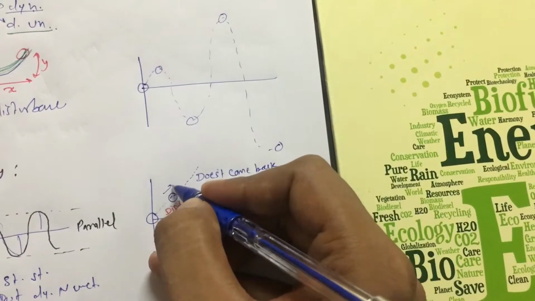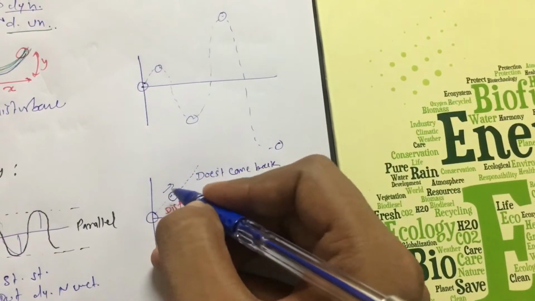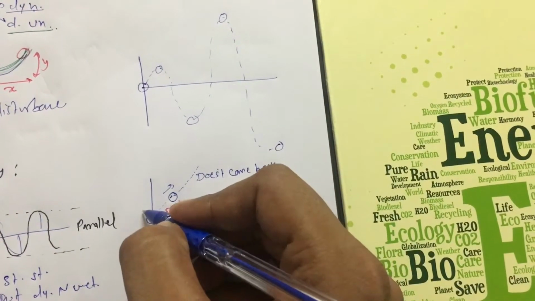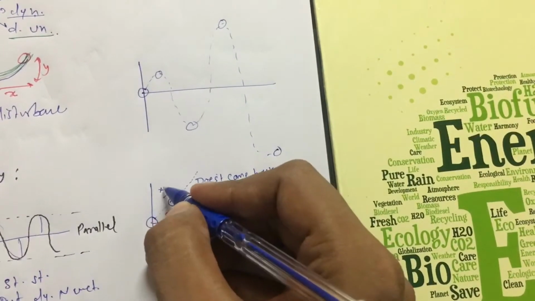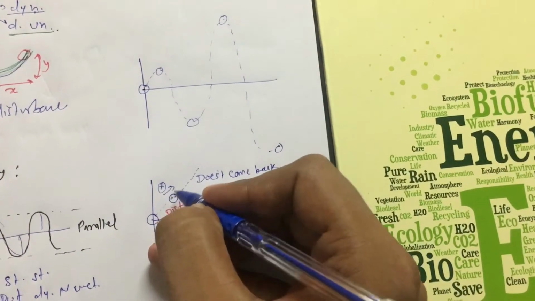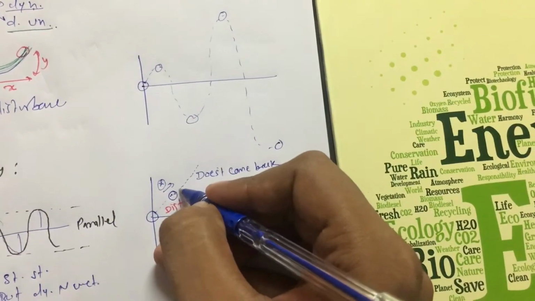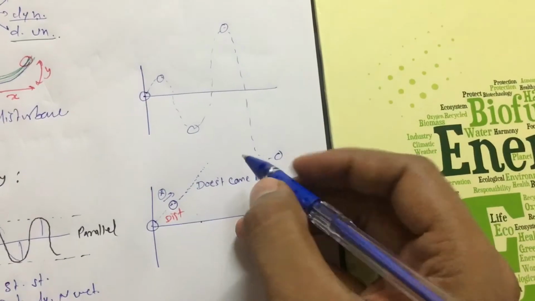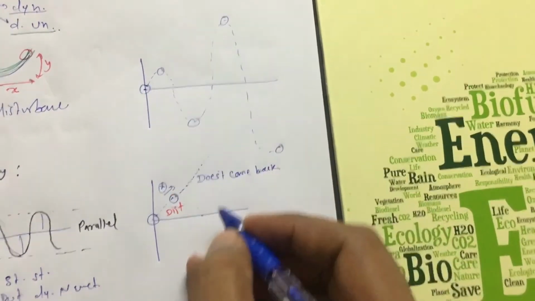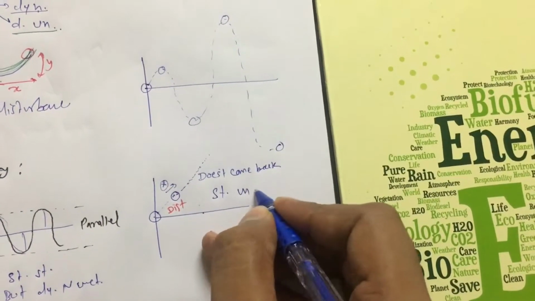I mean the pressure force, the disturbing element, was working only from here to here. Once the disturbing element is no more, after that also this ball is having tendency to go away, got it? So this is statically unstable.